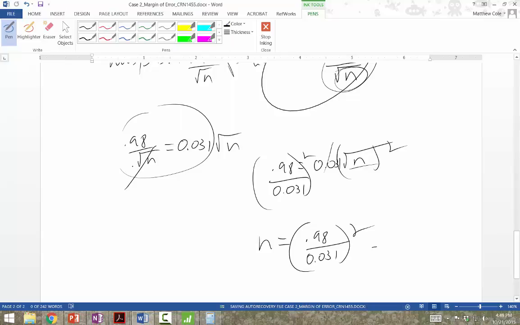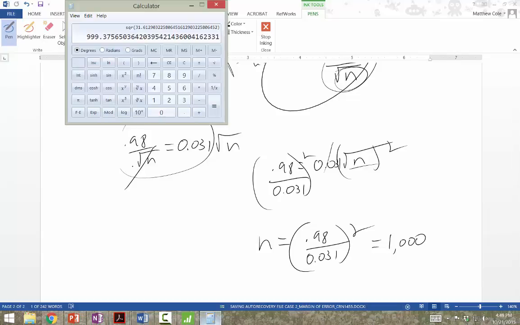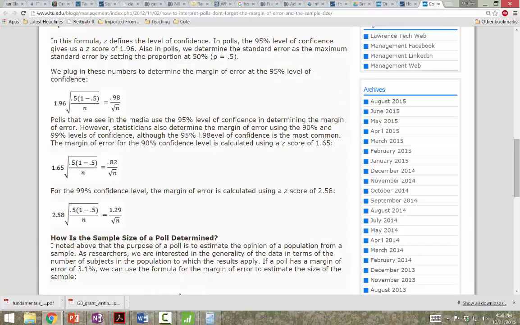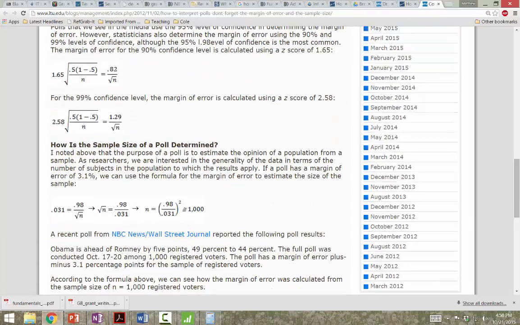So for all intents and purposes it is 1,000. I guess if we keep rounding, we would get 999.4. So it's roughly 1,000, right? And that's what I show you in the blog. I write approximately 1,000.